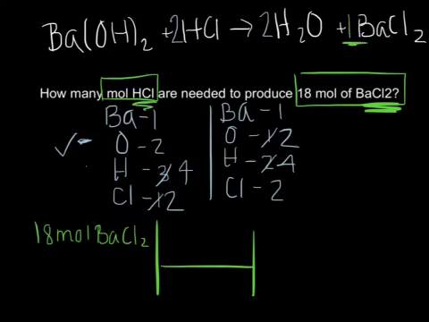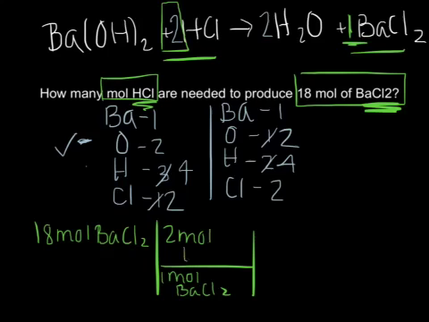Barium chloride doesn't have a number, so chemists are lazy, we know that's 1. Hydrochloric acid has 2 moles, so there's 1 mole of barium chloride for every 2 moles of hydrochloric acid. 1 mole of barium chloride goes on the bottom to cancel out. 2 moles of hydrochloric acid goes on the top. Barium chloride cancels out, and we're left with 36 moles of hydrochloric acid.